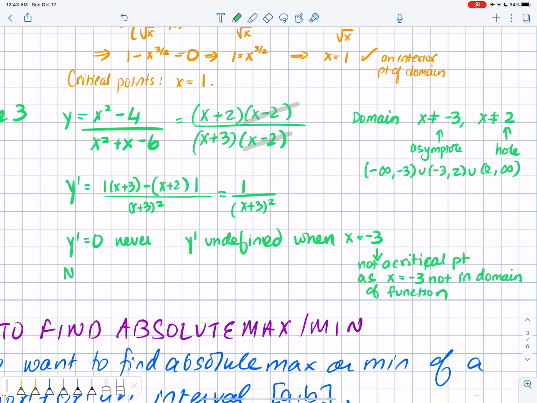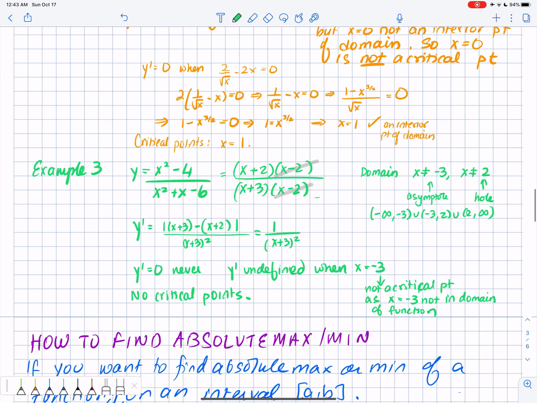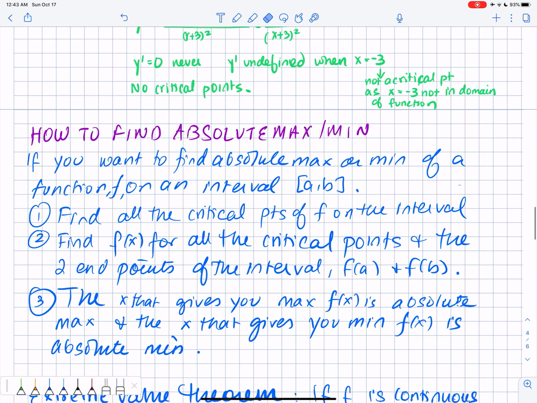Okay, so there are no critical points. I hope that makes sense. And we did do a little bit of trickery here to find the derivative nicely, and not have to deal with a complex expression wherein things would cancel and simplify to 1 over x plus 3 squared anyway in the denominator. Okay, all right.